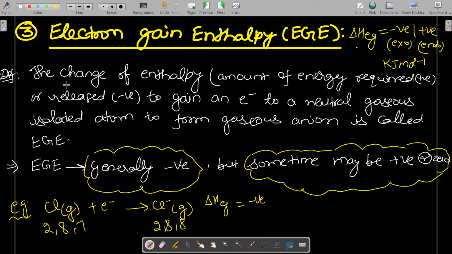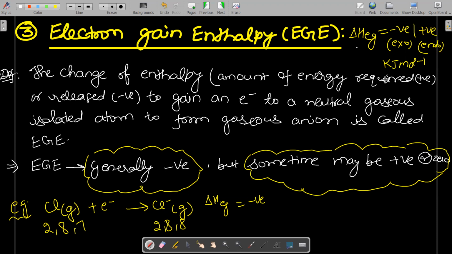Electron gain enthalpy, we can define as the change of enthalpy, meaning the amount of energy required or amount of energy released. Both are possible, energy required or energy released. So in general terms, we say the change of enthalpy.